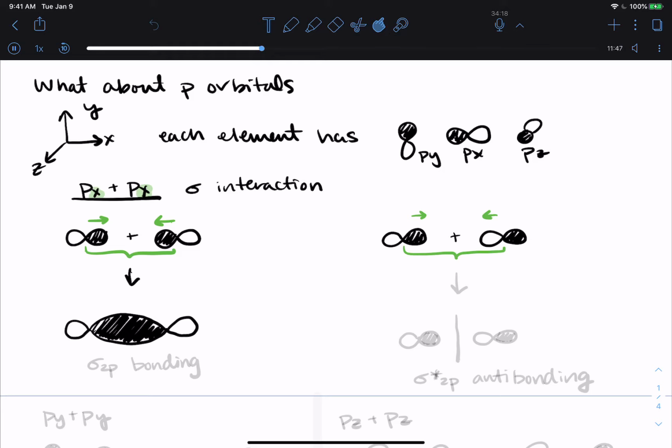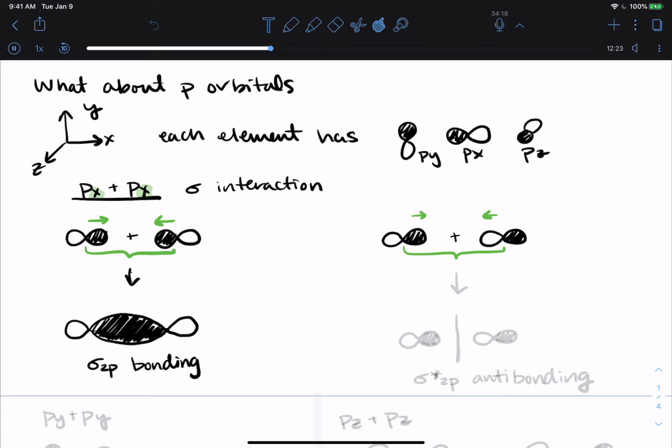This is my sigma P, and let's even explicitly say, since we're starting in the second row, my sigma 2p bonding orbital. This is the type of picture I would like you to draw. You need to be very clear with the outer lobes because they came from pure p orbitals. They should not look like they came from the hybrid orbitals that we were drawing with valence bond theory.